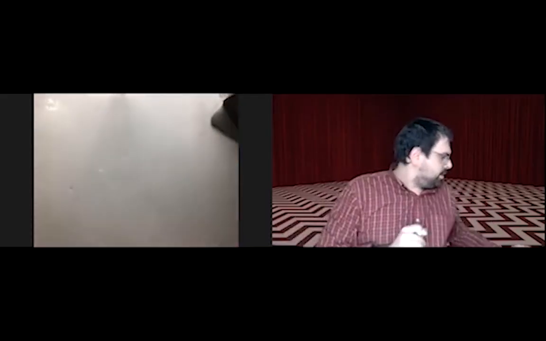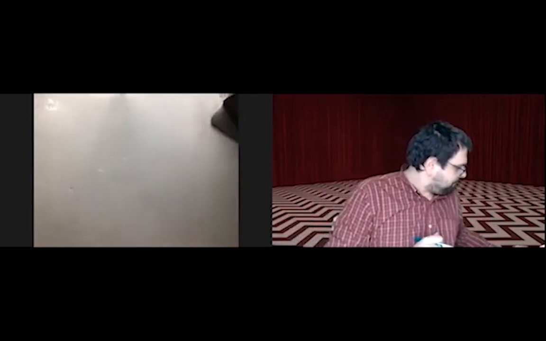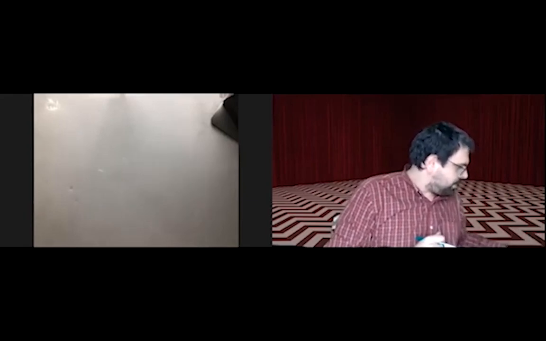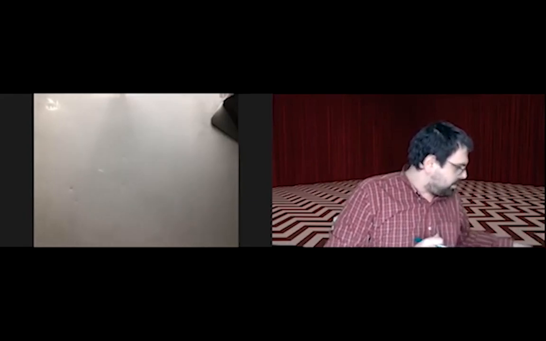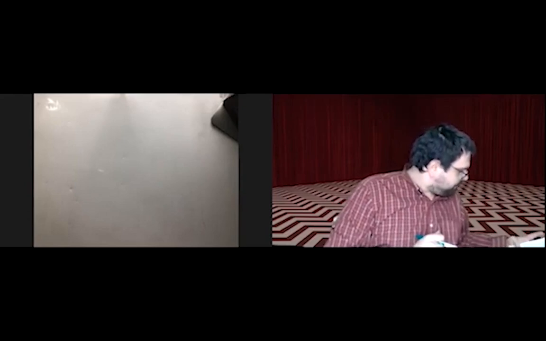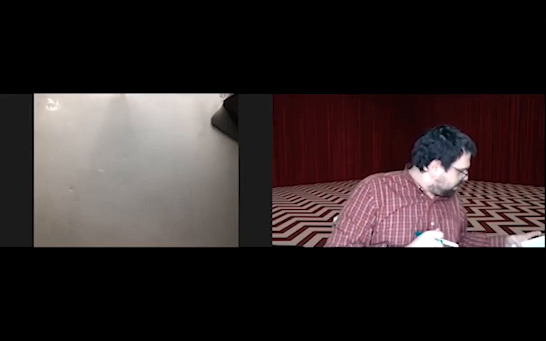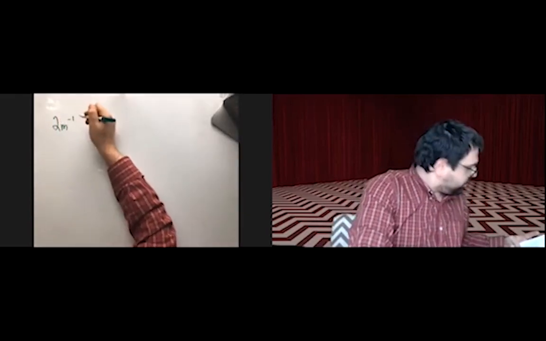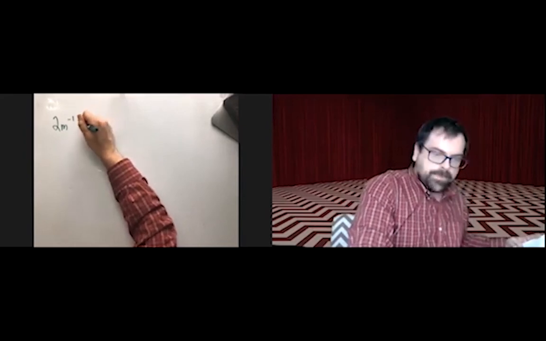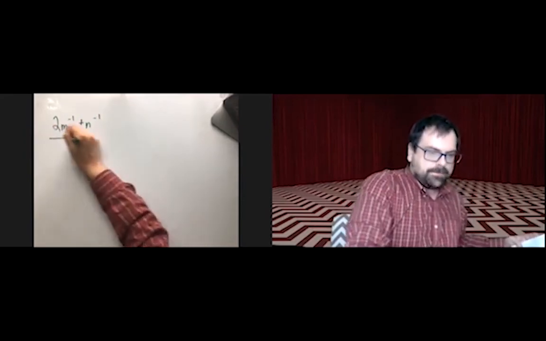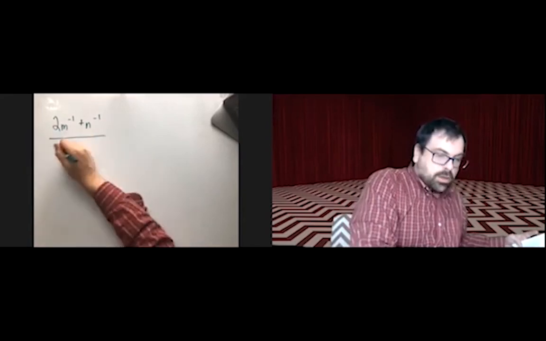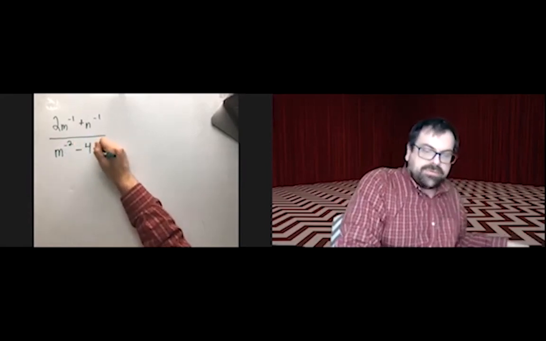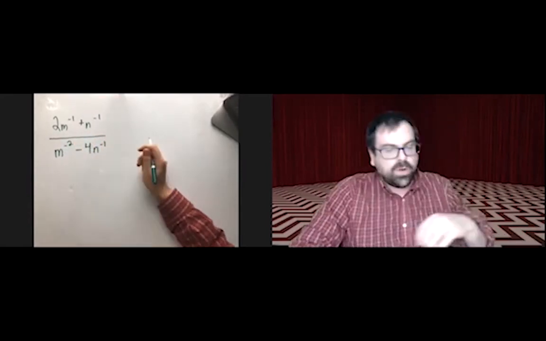Okay, our next complex fraction: 2m to the negative 1 plus n to the negative 1 over m to the negative 2 minus 4n to the negative 1.